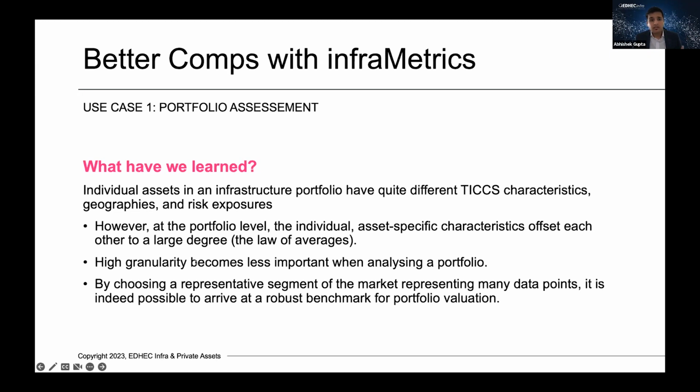So high granularity at this point becomes less important. You want to compare your portfolio against a broad representative set of the market. And finally, by choosing a representative segment, it is indeed possible to arrive at a robust benchmark for evaluation. Again, the point is not to find the exact valuation, but to find whether your portfolio's valuation is in line with the benchmark. And that's what this exercise allows you to do.